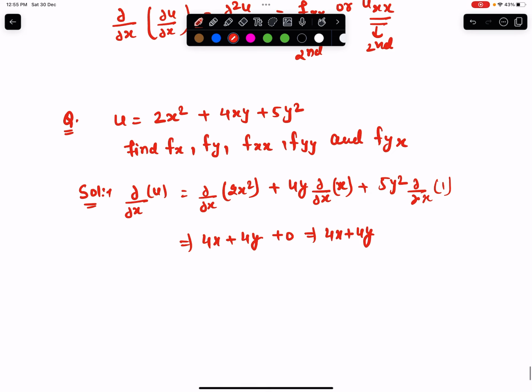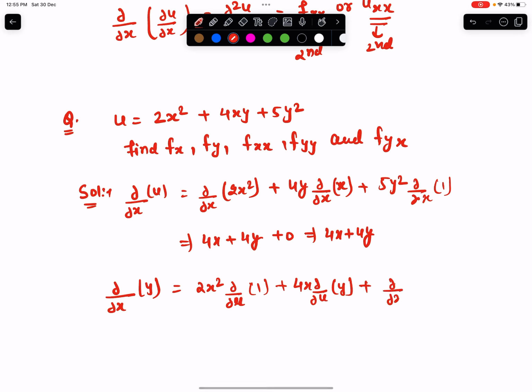Now we have to find the derivative with respect to y. ∂u/∂y: 2x² has no function of y, so that gives 0. Then 4x ∂/∂y of y, plus ∂/∂y of 5y².